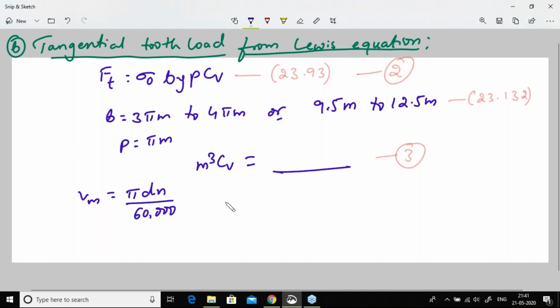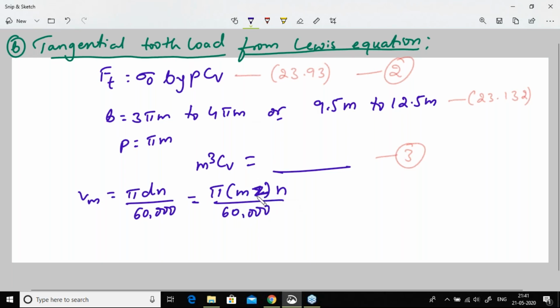Here d is the diameter, so that can be written as pi × m × z × n / 60,000. M is the module, whatever we have to keep as it is.